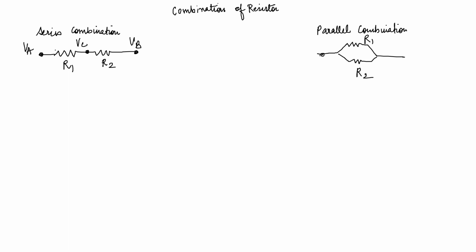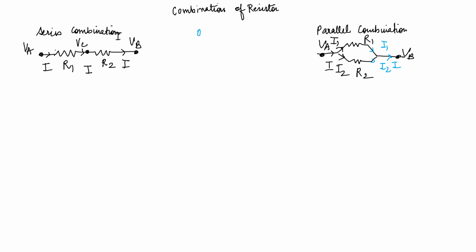Over here we will have only two potentials, VA and VB. Across the whole series circuit we have the same flow of current, that is I. But in the parallel combination we have I at the start, and once the arms split we have the currents I1 and I2, which come out again as I.